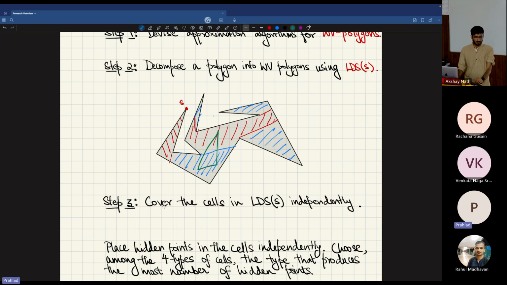Exactly. Yes. I'm not sure. I'm trying to think of a star with super tiny star pieces, and if you choose not the center, then it might be extremely bad.